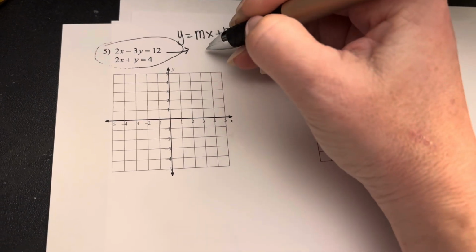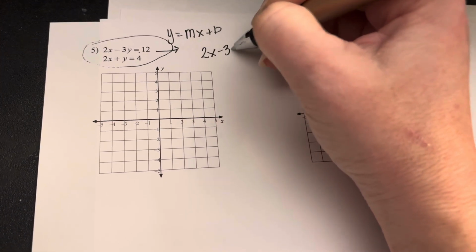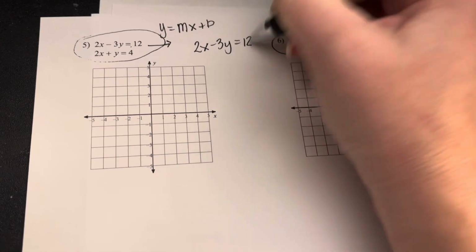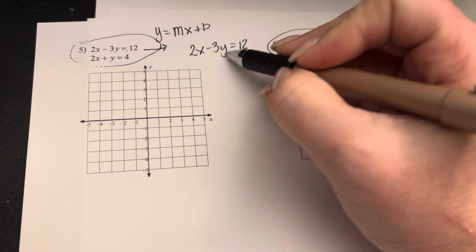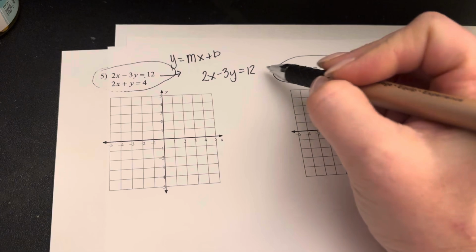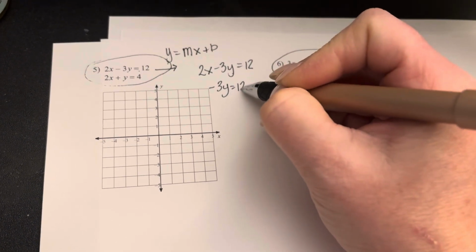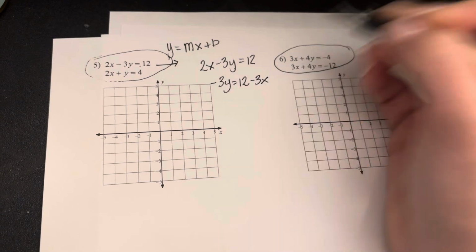For example, do the first equation. 2x minus 3y equals 12. So I want y by itself because I want it to look like this. So I'm going to move my 2x, -3y equals 12 minus 2x.